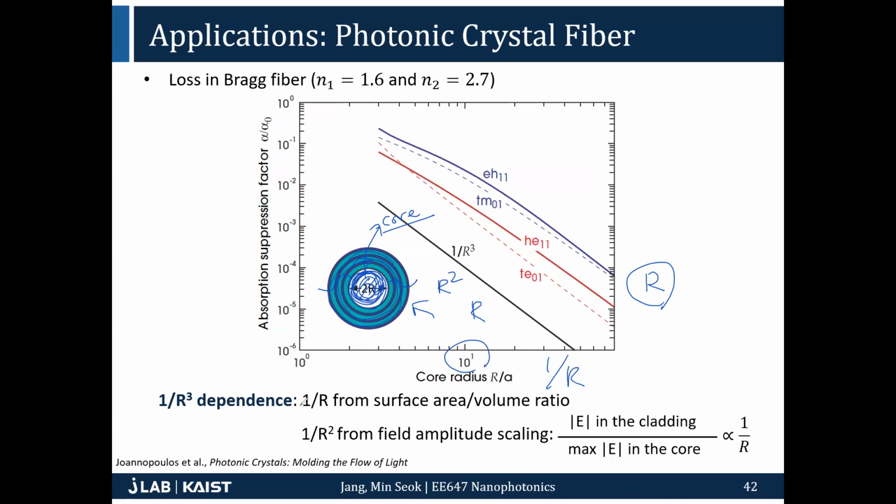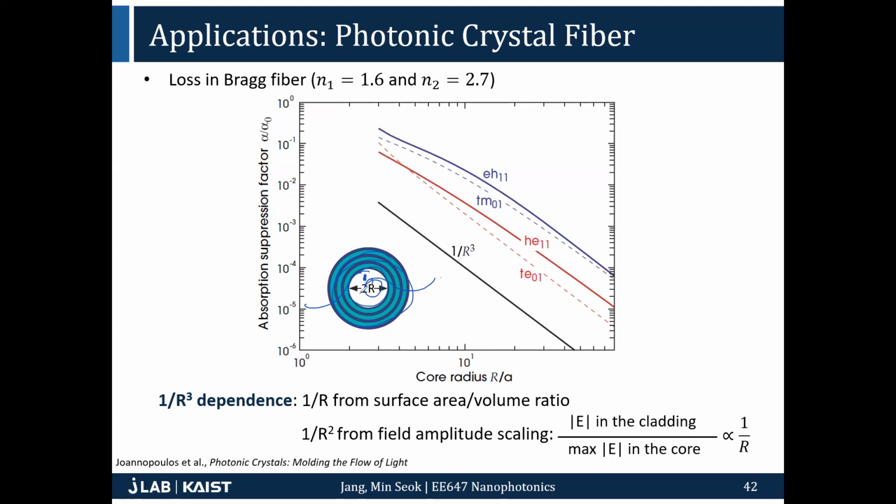And the second thing is that not only that, as the radius of the core increases, if you compare the electromagnetic field amplitude at the center and at the boundaries, it's proportional to the center area.